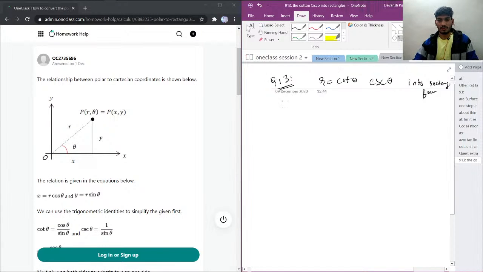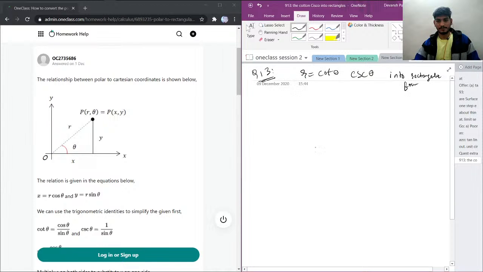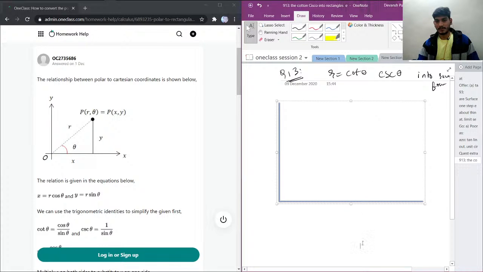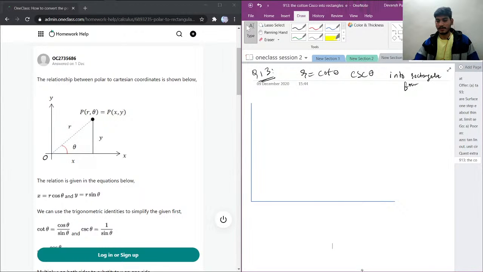Let me just draw the coordinates. Let's say this is the y-axis, this is the x-axis, this is the origin point, and this is the point P of r comma theta, and P of x comma y.